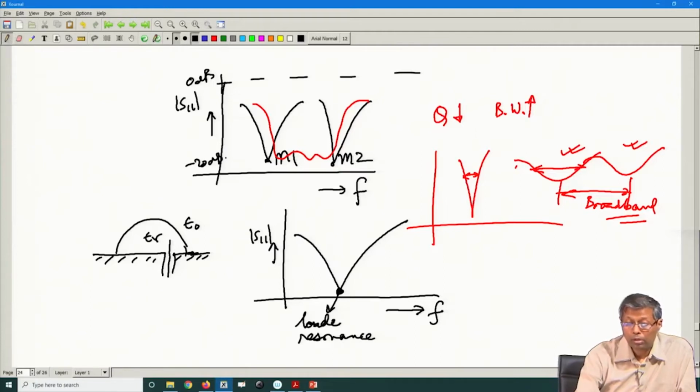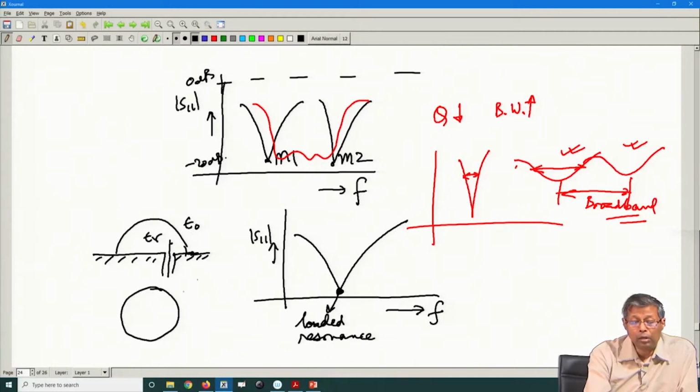Loaded resonance. Now, when you calculate the source free resonance by applying image theory, as I said, and take this as a whole sphere, and without the presence of the probe, then you are going to compute the source free resonance to be here.